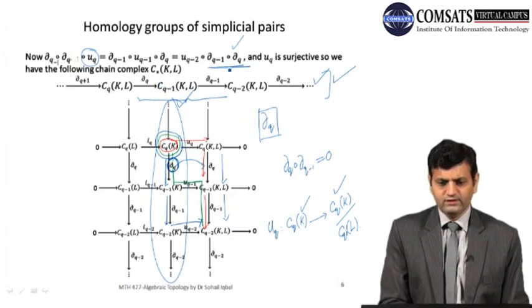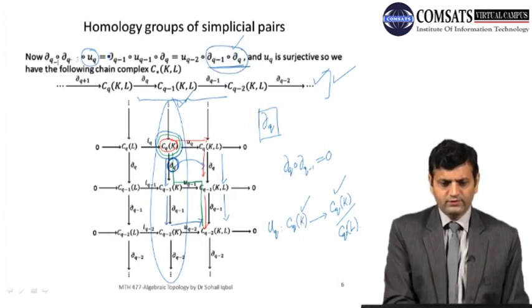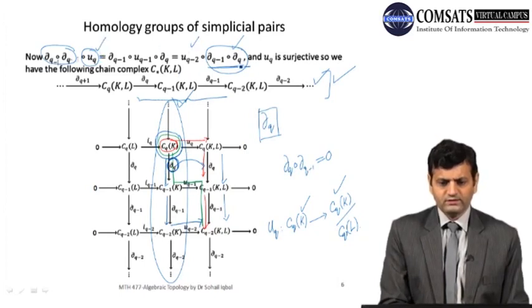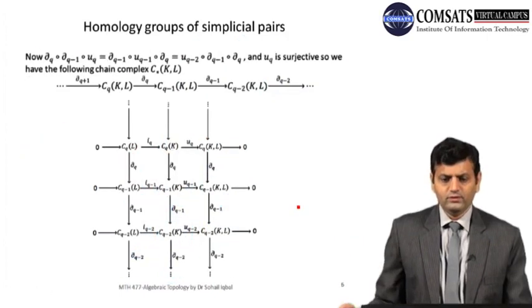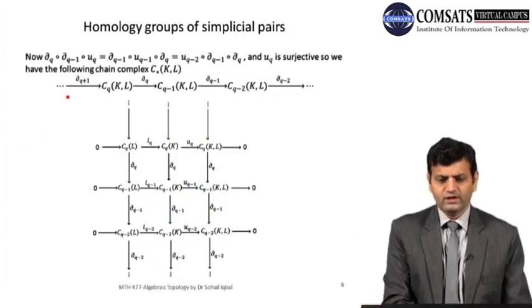Once again, why is this a chain complex? Because of the composition of boundary maps, and using the surjectivity of these maps, if this is 0, then of course this is 0. And of course these U_q are homomorphisms. So that's why we have this chain complex. Now we have the following chain.